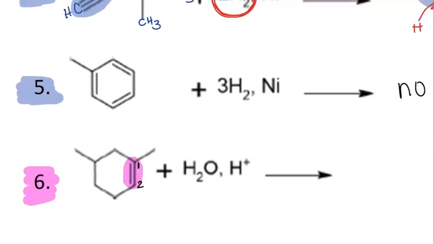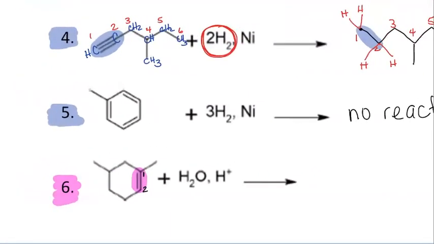When I draw the product, I'm going to draw the molecule not including the carbon-carbon double bond. Again, this is carbon 1 and this is carbon 2. Based on the number of hydrogens directly attached to either carbon 1 or carbon 2, who gets the H, 1 or 2? Let's put it in the chat.